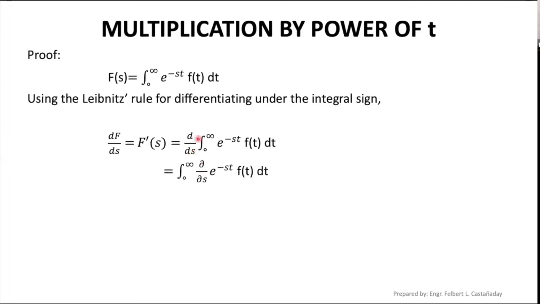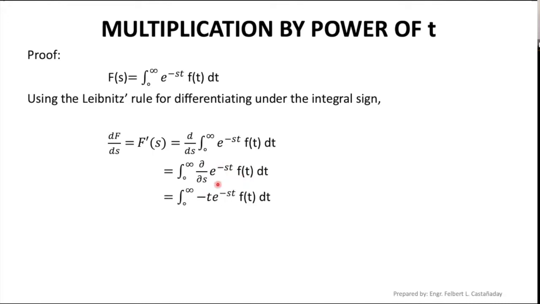What we did here is we put the differentiation inside the integral symbol, so it's in the integrand. Since you are to differentiate with respect to s, the function of t is held constant. E raised to minus st is the only function that has s in it. So you will only be differentiating this e raised to minus st. You just copy f of t since it's held constant.